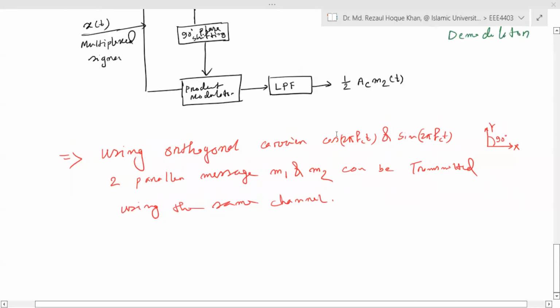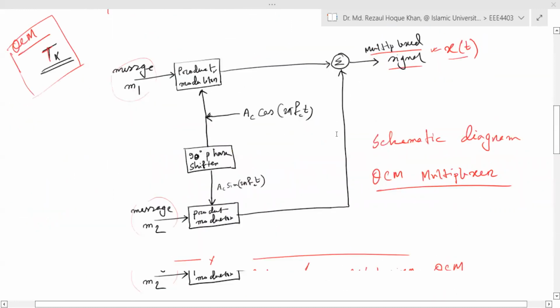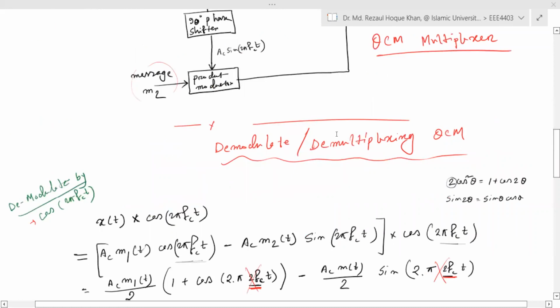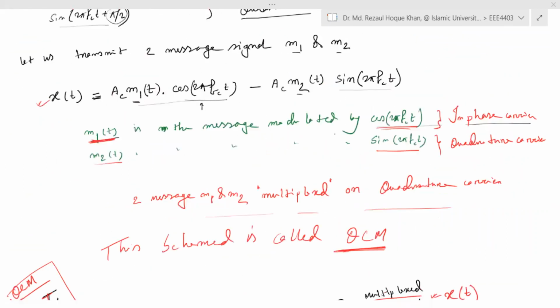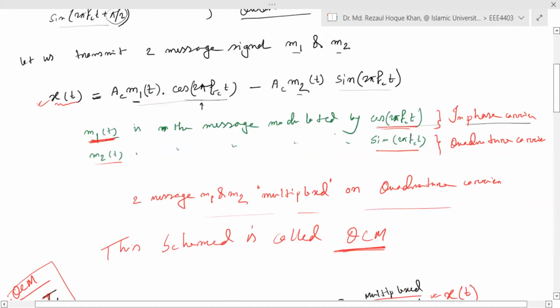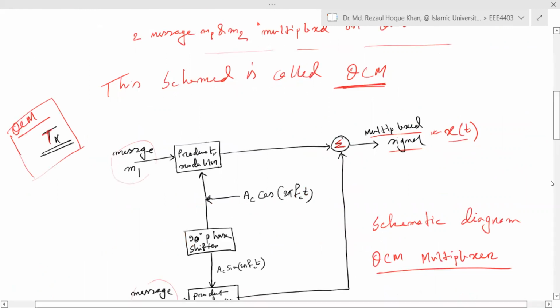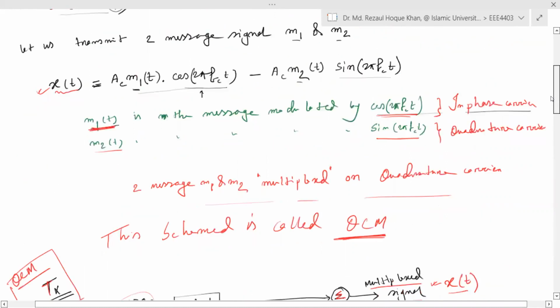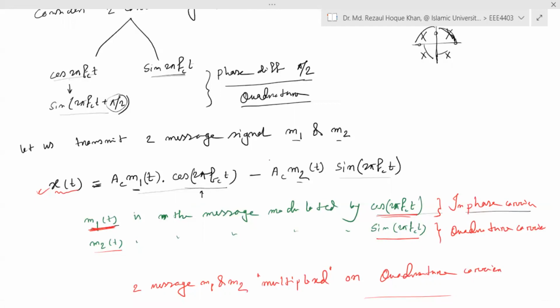One thing you can notice is that when we express this message x(t), the two messages are summed in the transmitter or modulator. But I can also use a subtraction, a minus version.